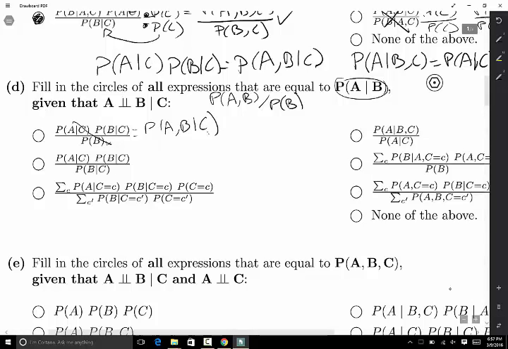In the second option, we get probability of A and B given C on top, and probability of B given C on the bottom, which means that we're almost there, but the problem is that there are these probabilities of C here that are getting in the way.